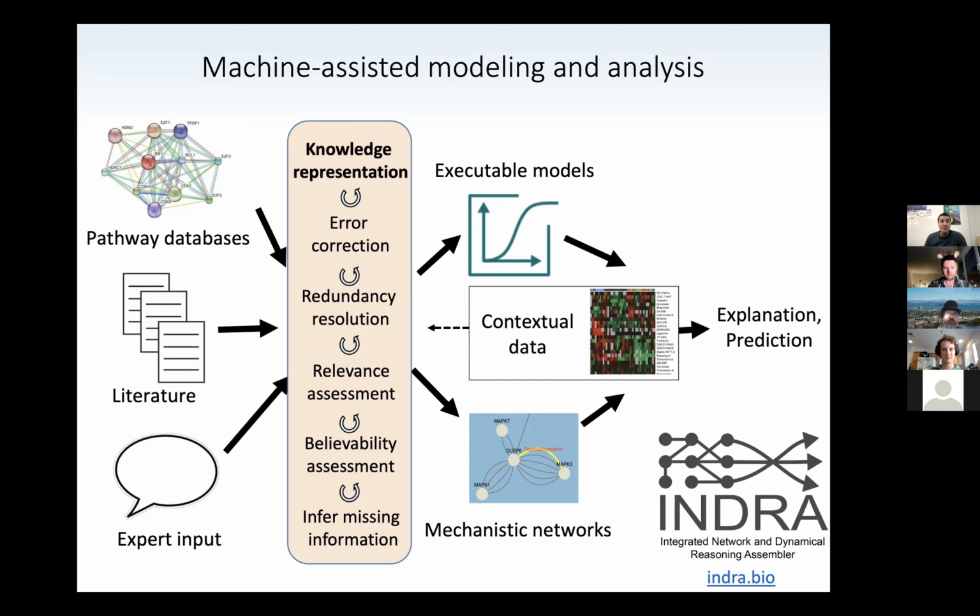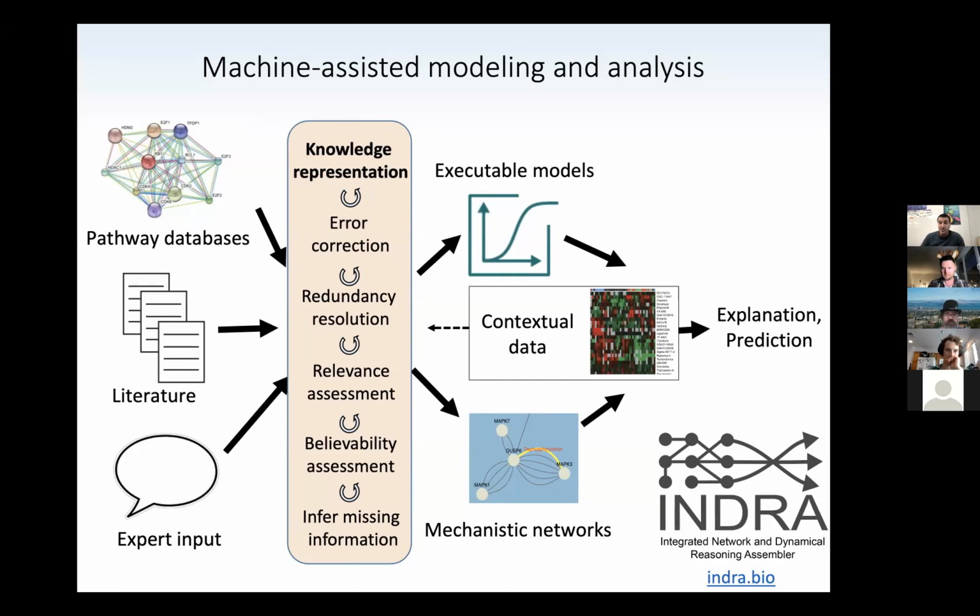And so all these sources are pooled into a common knowledge representation upon which we can operate and do things like correct common errors, resolve redundancies, assess believability and relevance, infer missing information, and create a kind of coherent knowledge base from which we can again automatically generate executable models or mechanistic networks that one can connect with actual data and produce explanations or predictions.